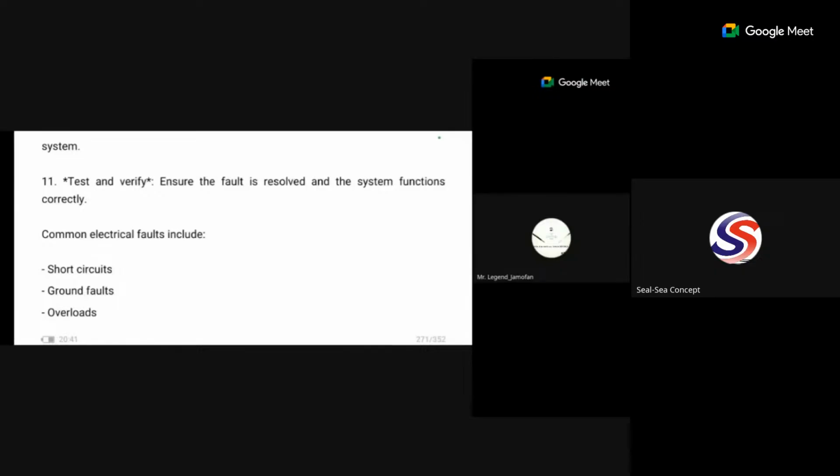Earthing is when you connect the non-conducting parts. Okay, let me see if I can bring something up for you. Earthing is when you connect the non-conducting parts of a machine to the ground.